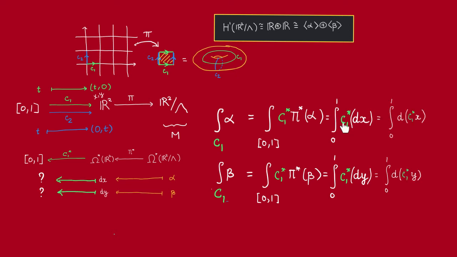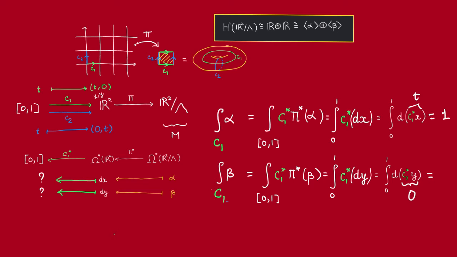Now this pullback of dx is just going to be d of the pullback of x. The pullback of x is just going to be the x coordinate of C1, so this is just t. And here this is just the y coordinate of C1, and so that is just 0. So this is just the integral from 0 to 1 of dt, so it's 1.